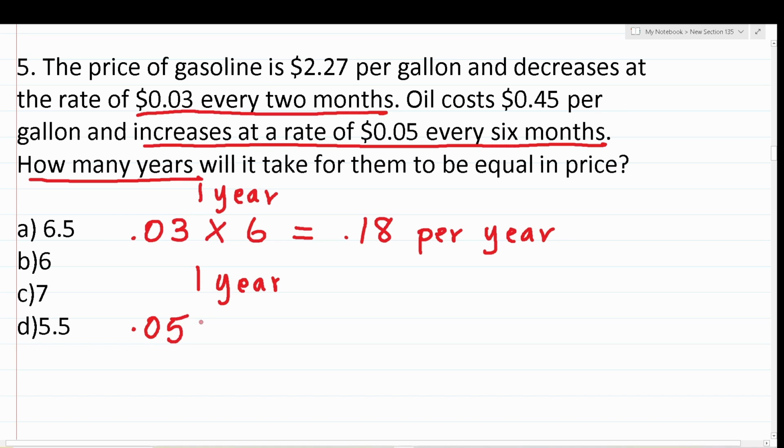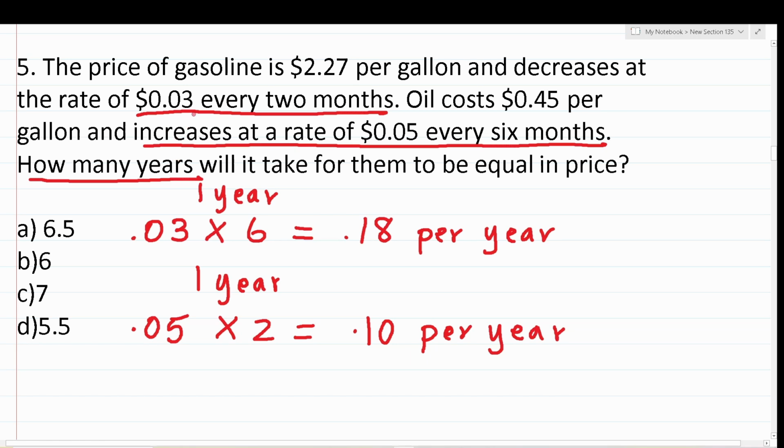Well, there are 12 months in a year. So if we take 0.05 and multiply it by 2, that tells us that it increases 10 cents per year. All right, so now we have both of these rates standardized.